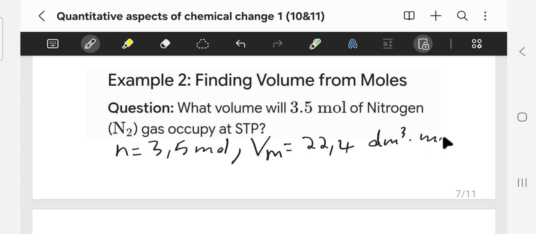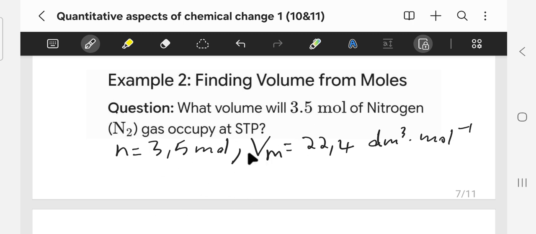You don't have to write the units here, by the way. I'm just doing it to remind you that the molar volume SI unit is dm cubed per mole. But in your exam situation, you just want to dive straight into the answer.